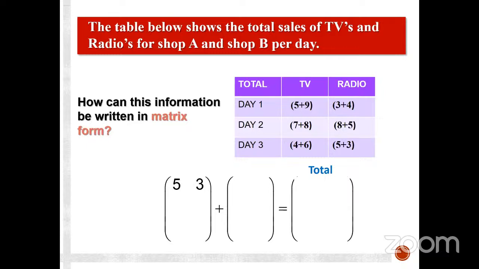All right, very good. And then for day 2, TV, I'm going to represent that on my matrix as well. So I have 7 from shop A for TV. What would I write for radio, day 2, shop A? Tejana says 8. Very good. And day 3, what would I put for shop A?